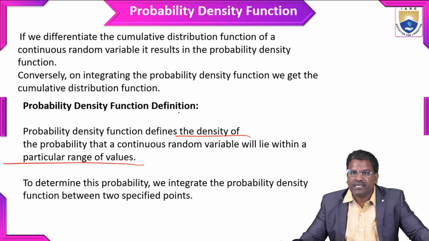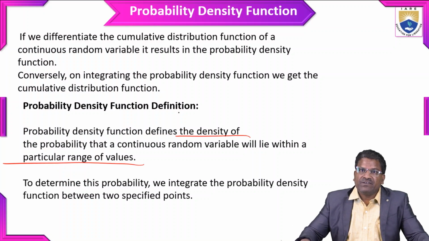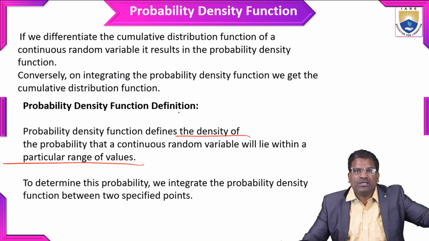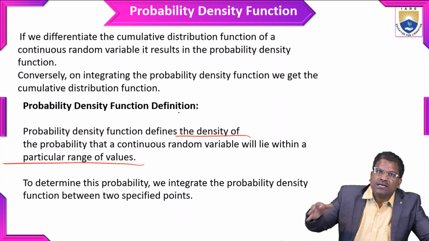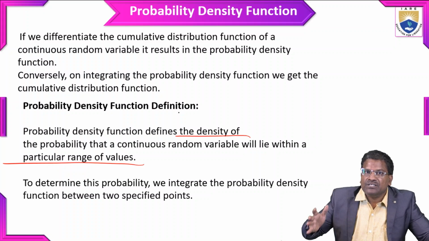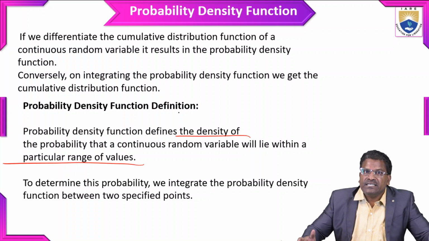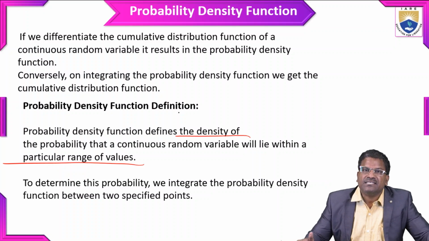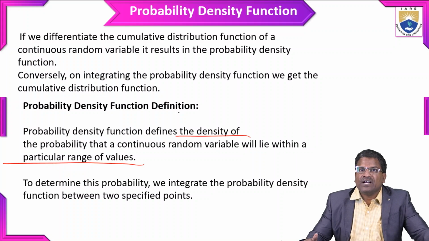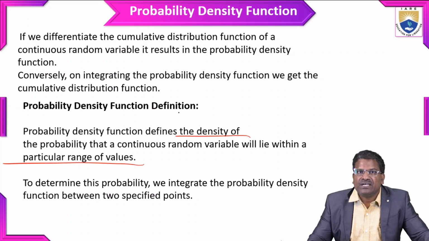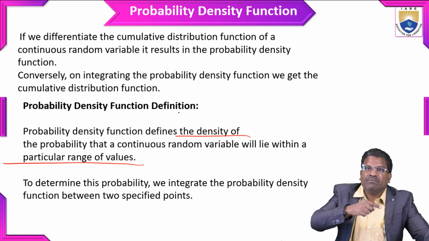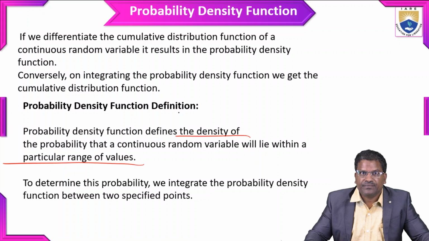To determine this probability, we integrate the probability density function between two specified points, lower limit to upper limit. Why? Because the continuous random variable is lying in some range of values, so the function moves from one point to another point. That's why the probability density function also gives the density of that function from that point to the other point. That's why we integrate between two specified points.